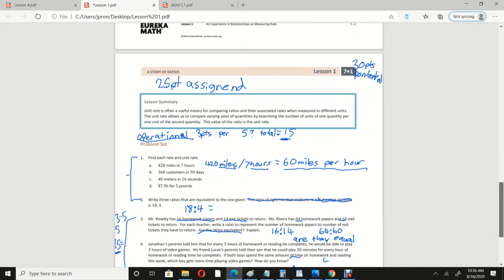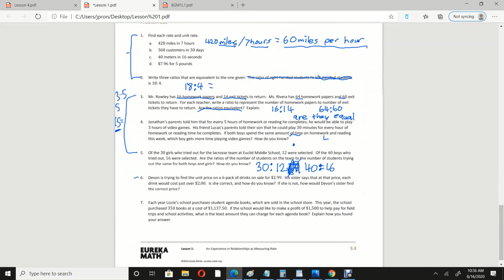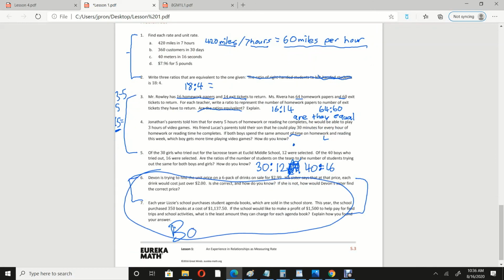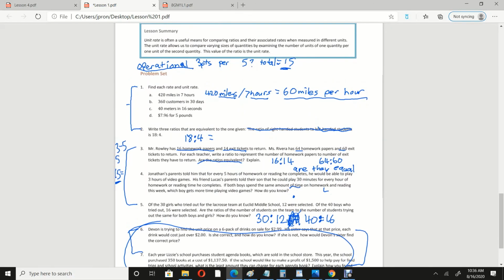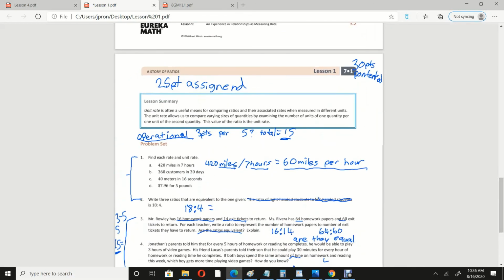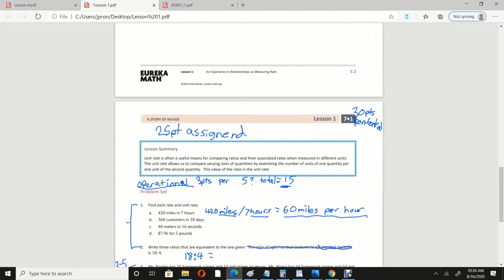Okay, so 25-point assignment. 6 and 7 will be bonus points. So 5 points each, that's 10 points bonus. Down here, you don't need to do them to do 3 through 5 and 1 and 2. Okay, 25-point assignment. That means you can get more than 25 points, but you're not going to get more than 100 points on the assignment.